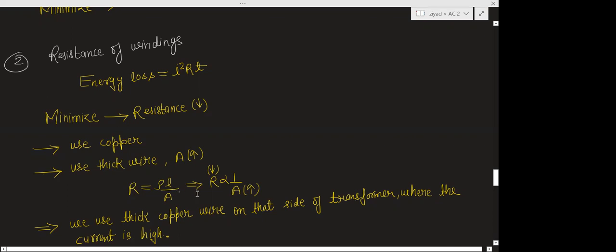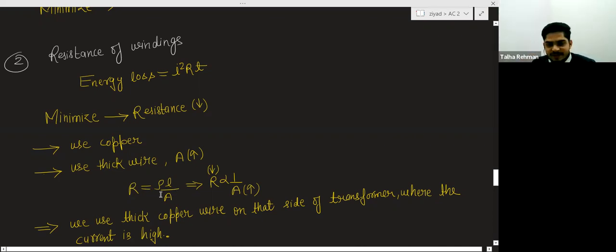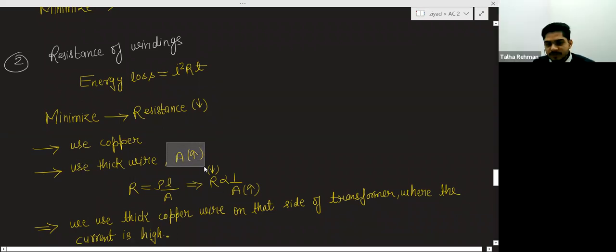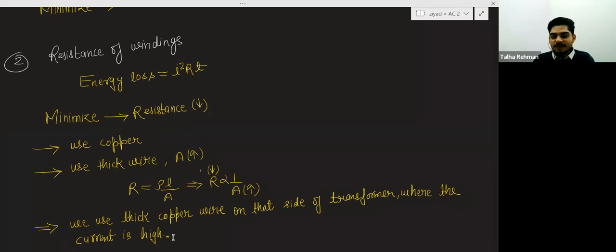If you use thick copper, the area is more, so the resistance of the winding becomes less, since resistance is inversely proportional to the area of cross section. We use thick copper wire on the side of the transformer where the current is high. The whole winding we cannot make of copper because it would be very costly, so we use it where the current value is large.